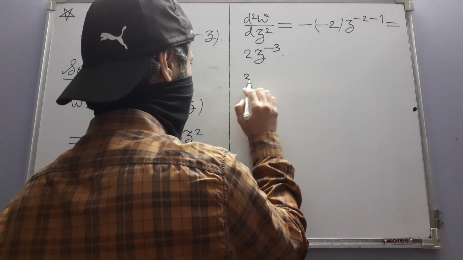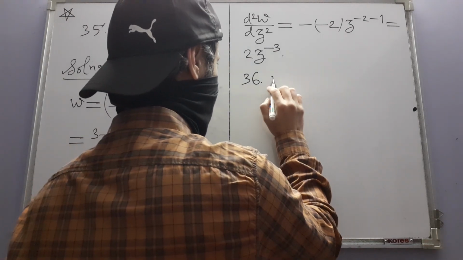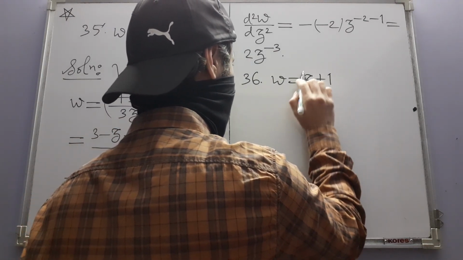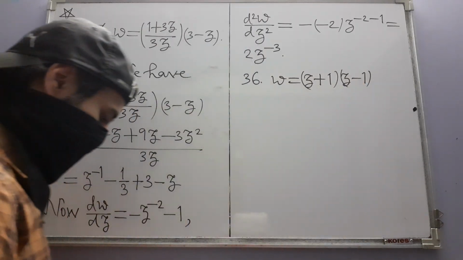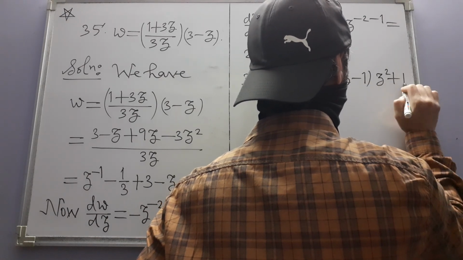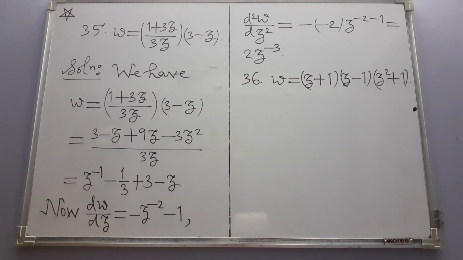Next, 36. W equal to z plus 1 times z minus 1 times z squared plus 1. Here also there is a significant simplification.